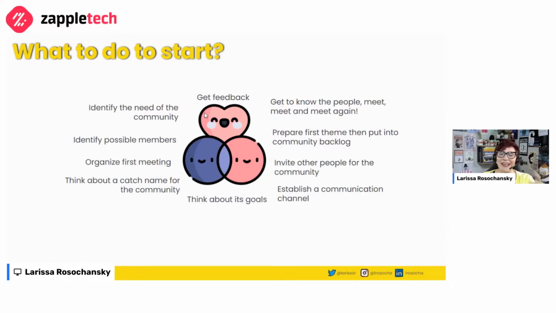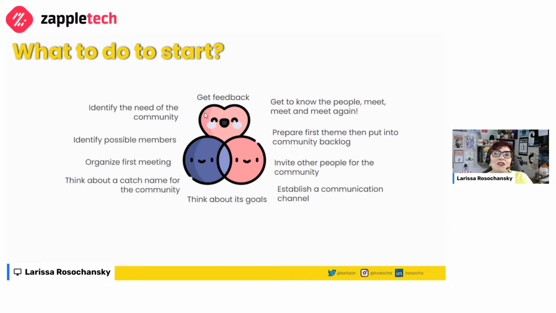I will think about a catchy name for the community, or even better, I will get this group with some fake name and say, let us do a contest for a name for the community. Let's do a contest for a logo and for a mascot for the community, to engage the people in this community, in this chapter.